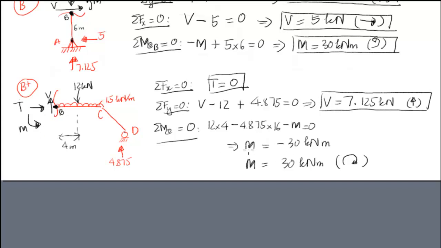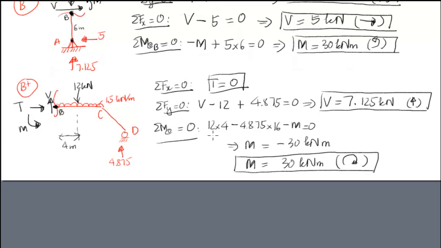So I make it from negative 30 to positive 30 and change the direction. This is your final direction of the moment here. We first assumed it was going anti-clockwise, and then we got a negative, so the final direction of moment is clockwise. So we got another moment for this structure.